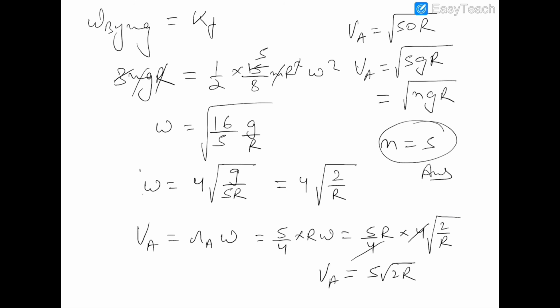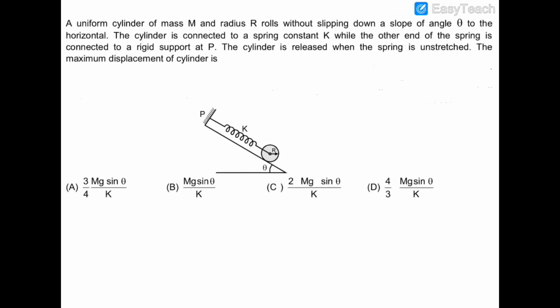Now let's move on to the next question. In this question, there is a cylinder of mass m and radius r, which is always rolling without slipping on this inclined plane, and its center is connected to a spring of spring constant k. Now this cylinder is released from rest in a position in which the spring was initially unstretched, and we have to find out the maximum displacement of this cylinder.